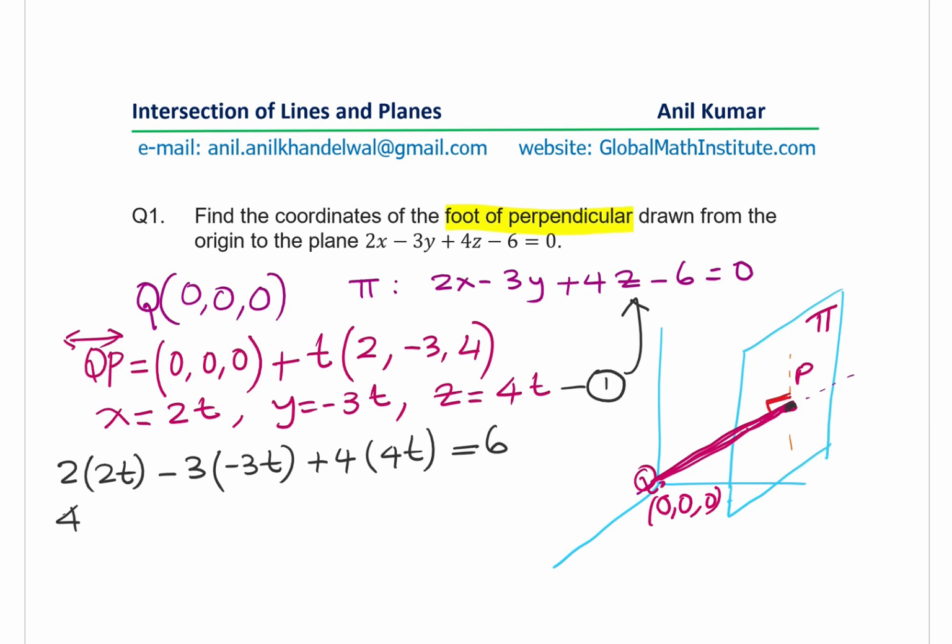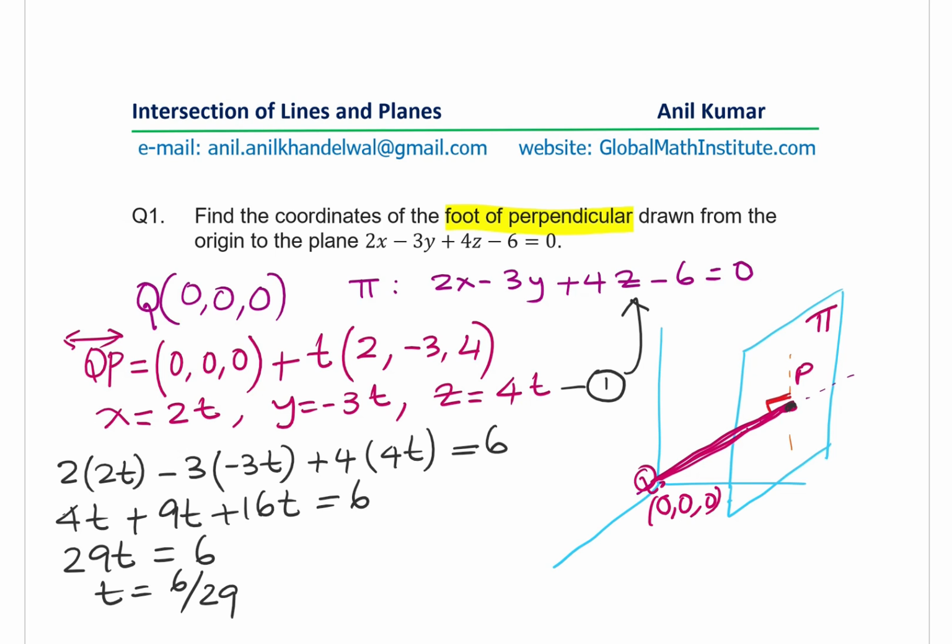Now that is 4t, minus and minus becomes plus 9t, and that is plus 16t equals 6. And when you combine all these terms, 4 plus 9 plus 16, we get 29t. So we get 29t equals 6, or t equals 6 over 29.